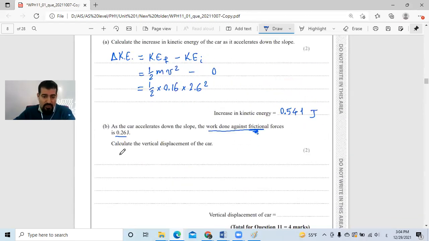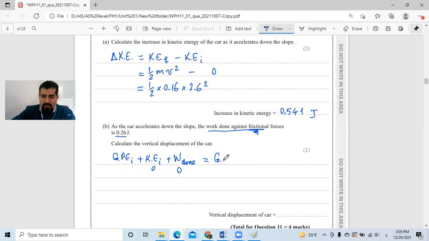We know that gravitational potential energy initial plus kinetic energy initial, which is 0, plus work done by engine, if there is work, no, there is no work, equals the total energy before.